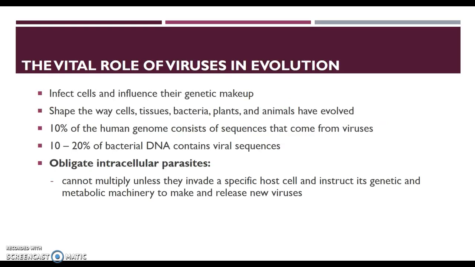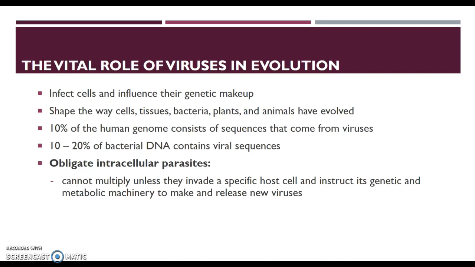Viruses have played a vital role in the evolution of life on Earth. Because they are able to infect cells, that infection influences the cell's genetic makeup. And just looking at the human genome and mapping those genes, there is a large part of the human genome that is viral.